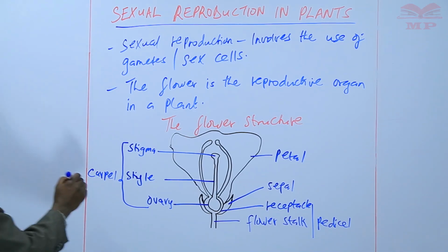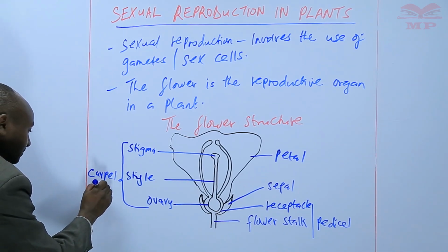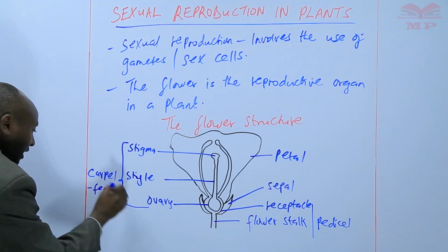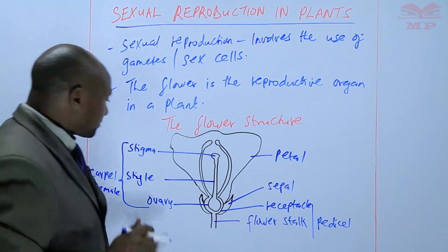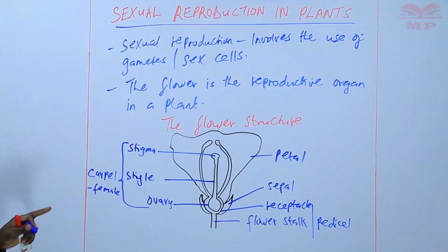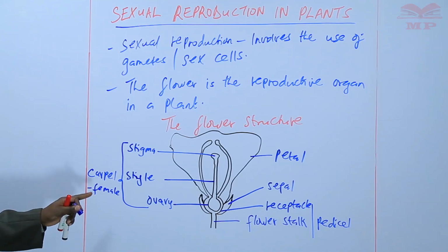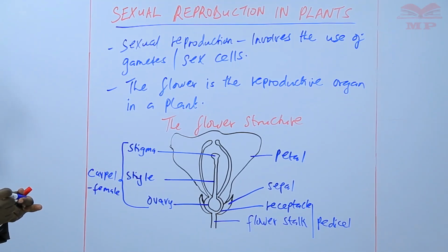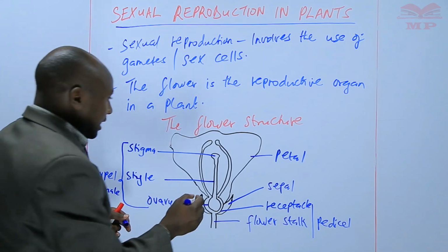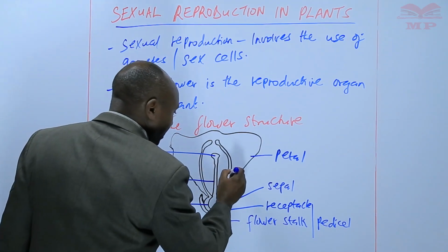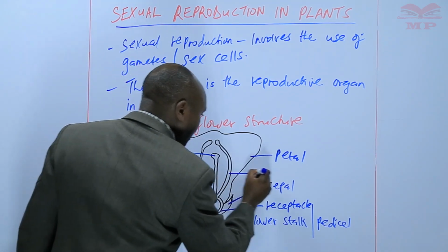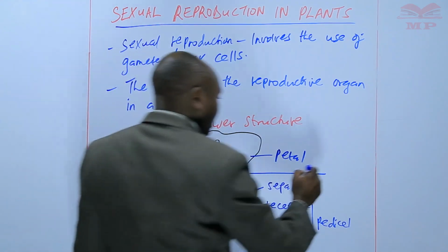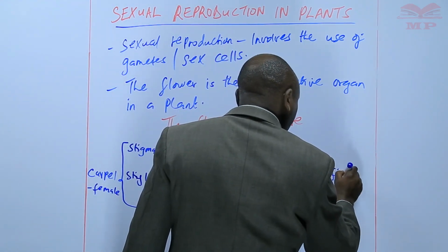And the carpel is the female part of the flower. That means that it's the one that produces the female gametes. On the other hand, I'll also isolate this part, and that is the filament.